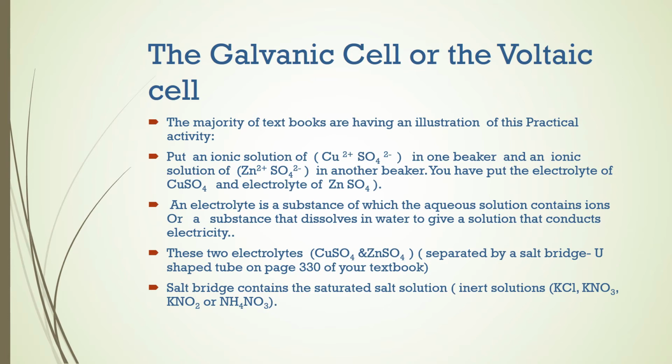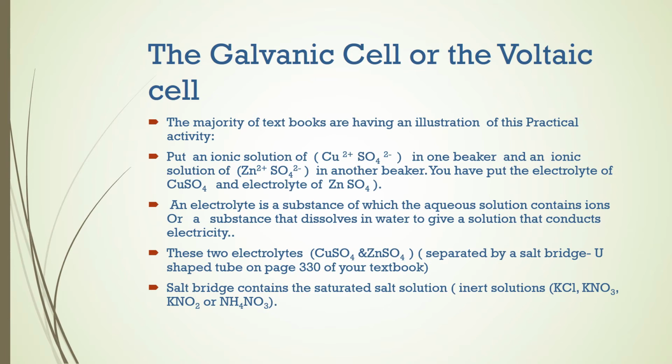Put an ionic solution of copper sulfate in one beaker and an ionic solution of zinc sulfate in another beaker. You have put the electrolyte of copper sulfate and the electrolyte of zinc sulfate.